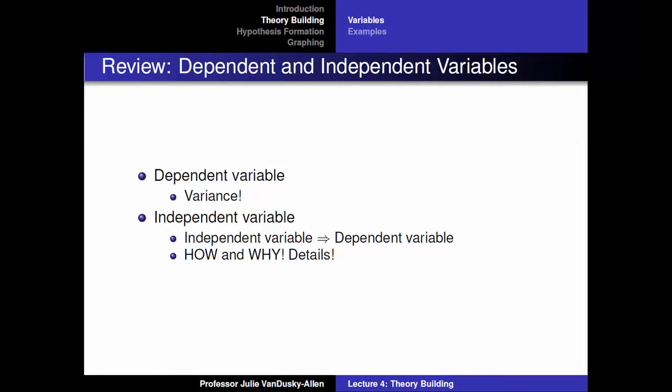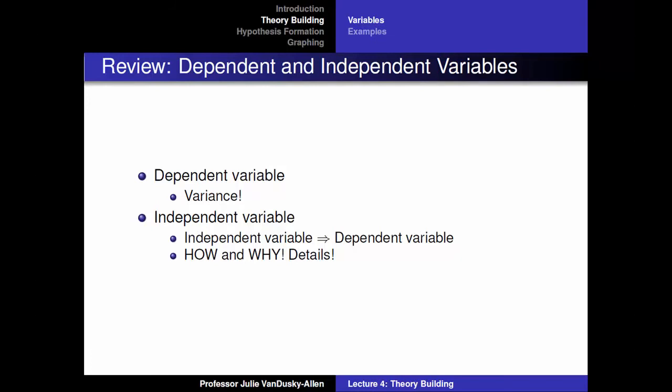Next, recall that in the second step of the scientific process, we identify one factor that influences our dependent variable. That factor is called the independent variable. Then we build a theory or model to explain how the independent variable affects the dependent variable.